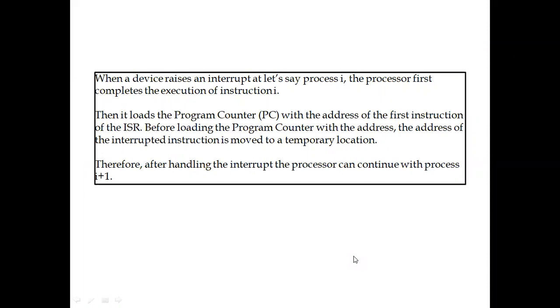Yes, sir. Okay. Again, let's try to know that when a device raises an interrupt, say process I, the processor first completes the execution of the instruction I. ठीक है?